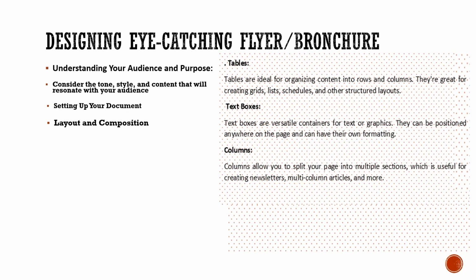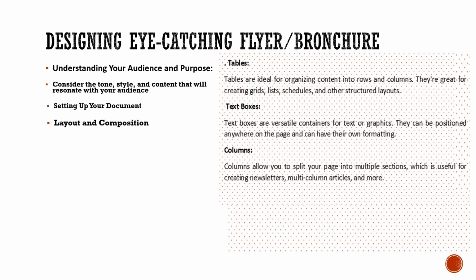Let's say you are creating a brochure for a fitness program. You could use tables to showcase different exercise routines, text boxes to highlight maybe your success stories, and now use columns to organize the sections about the nutrition, the workouts, and the testimonials.